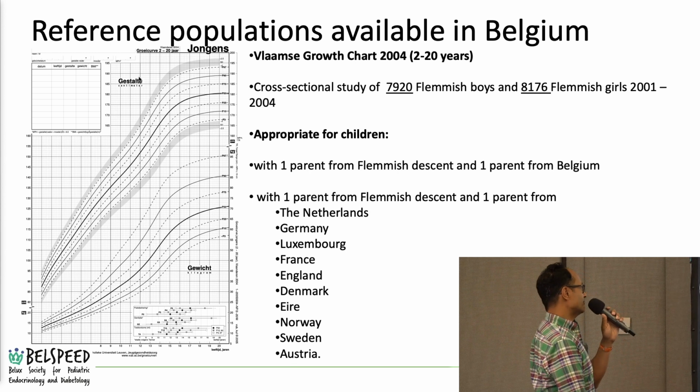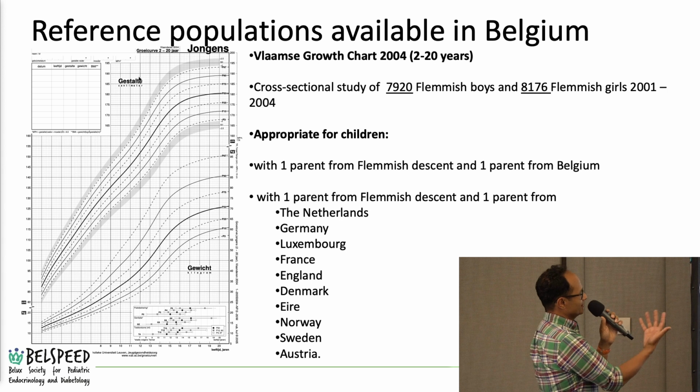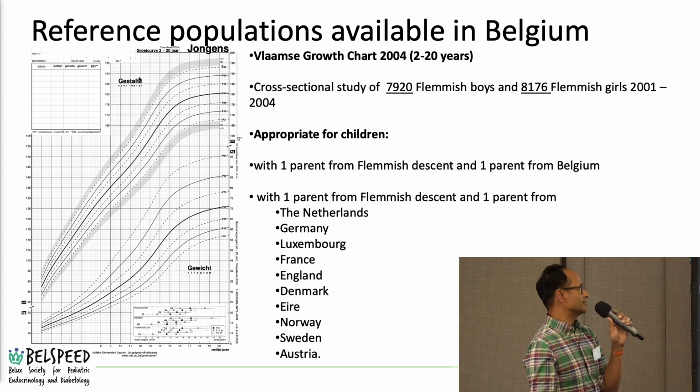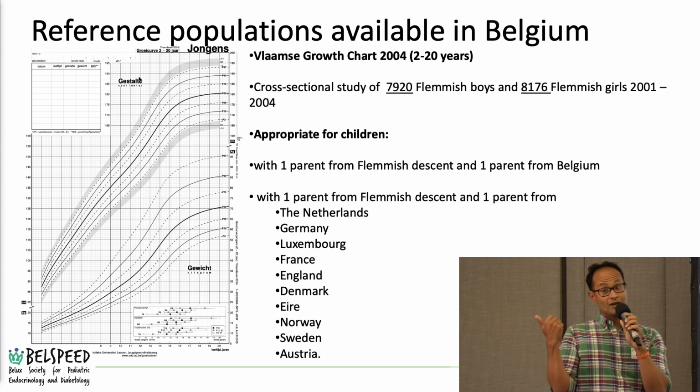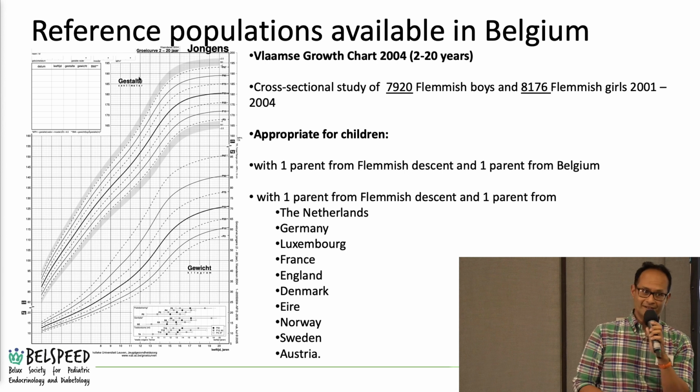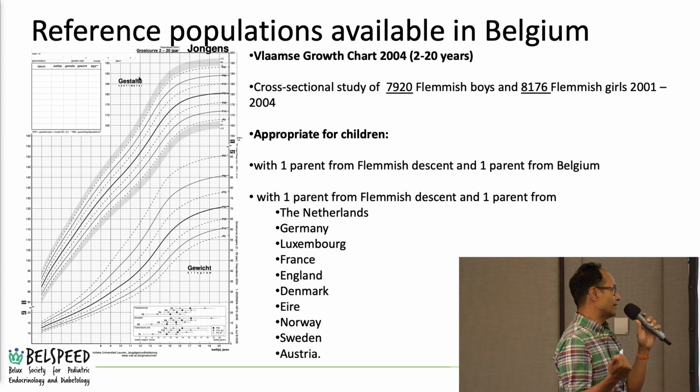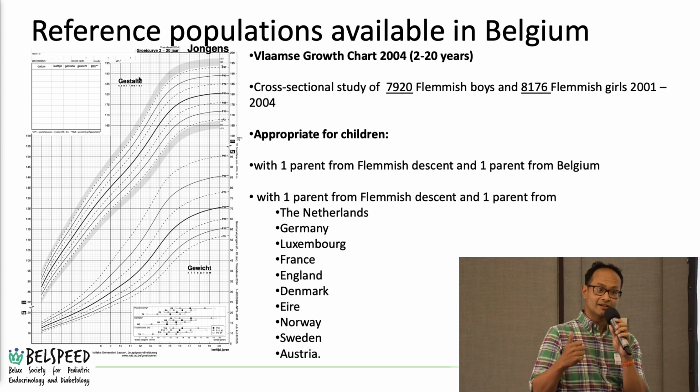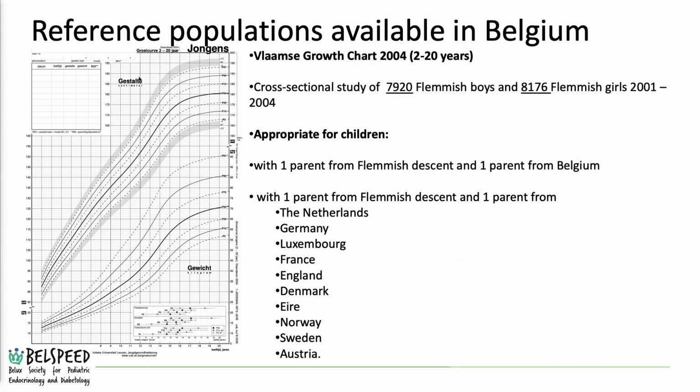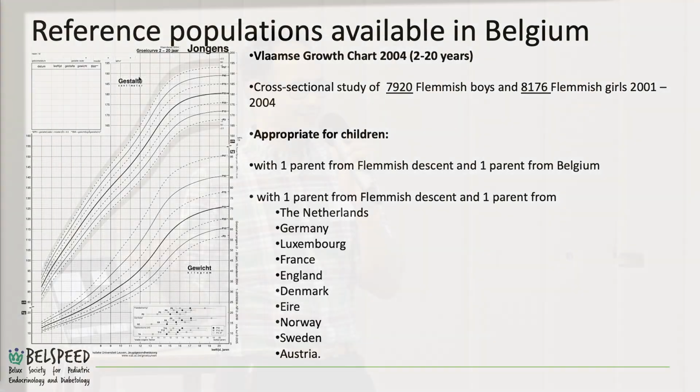And this reference population is appropriate for children who have one parent of Flemish descent, and one parent from Belgium, regardless of their background. But also, there can be a parent from several other countries, and you can list them here. So it's the Netherlands, Germany, Luxembourg, France, England, Denmark, Ireland, Norway, Sweden, Austria.